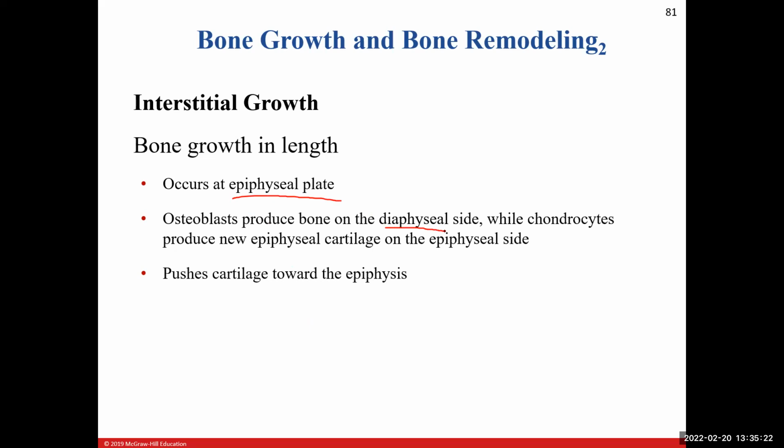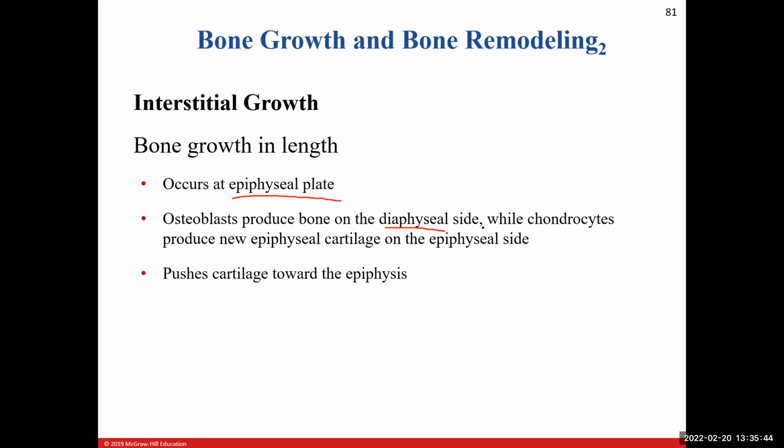We have two sides to our growth plate. We have the epiphyseal end or side, and that is going to be near the end of the bone, either distal or proximal. And then we have the diaphyseal side, and that's going to be the shaft towards the center of the bone. So the osteoblasts are going to be producing bone on the diaphyseal side.